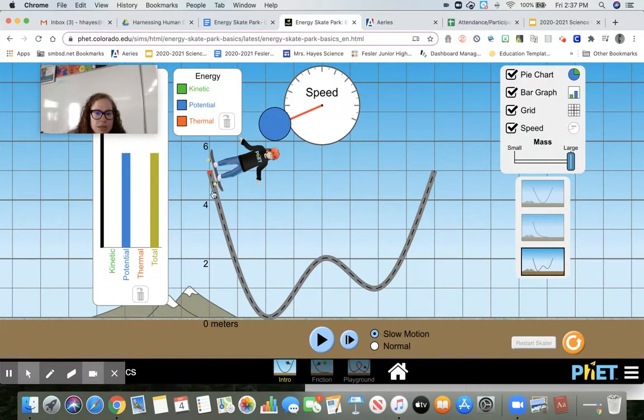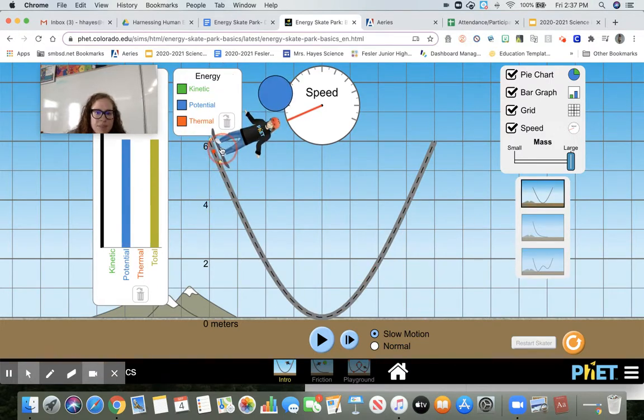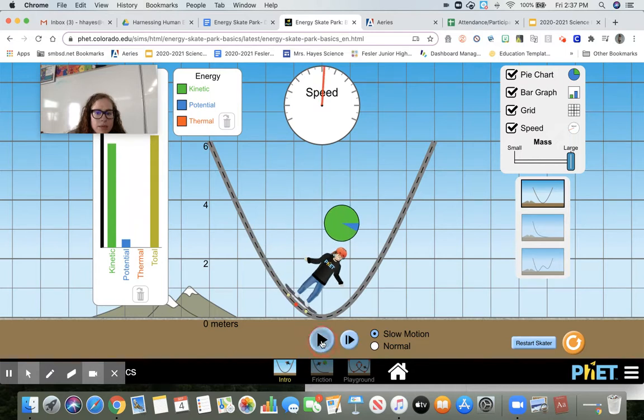The top of the ramp on the wavy ramp, look, it's all blue. Top of the ramp of the half pipe, it's all blue. That's a similarity, right? Let's see if I let him go and he goes to the lowest point. At the lowest point, what was the most energy?